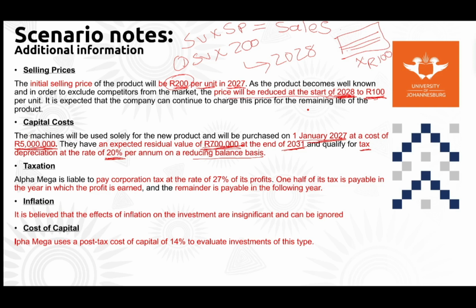Taxation. Alpha Mega is liable to pay corporate tax at the rate of 27% on its profits. So we know that once we are done calculating sales and all the operation costs, you will get your profit. Your profit then will be taxed, right? One half of its tax is payable in the year in which profit is earned, and the remainder is payable in the following year.